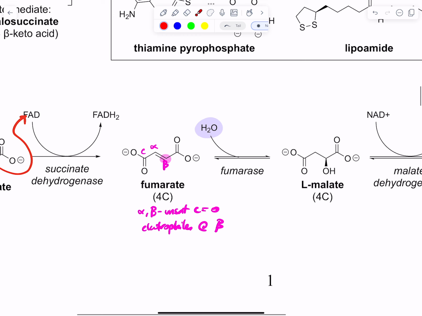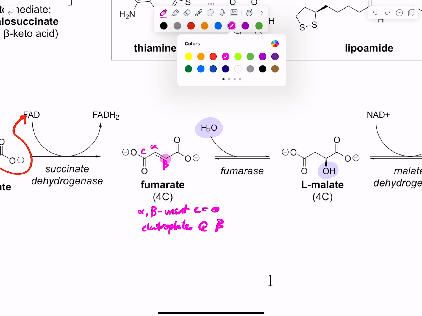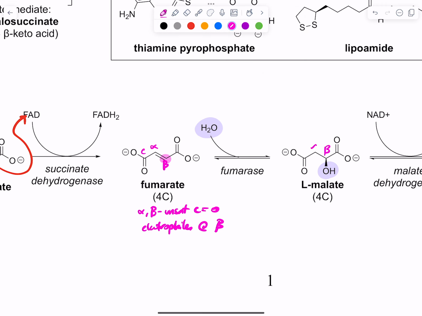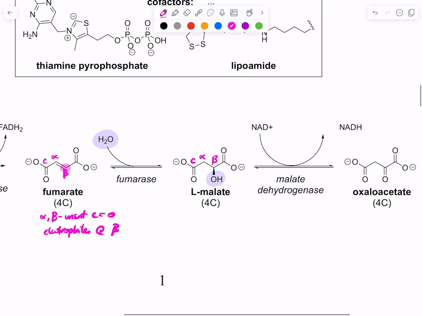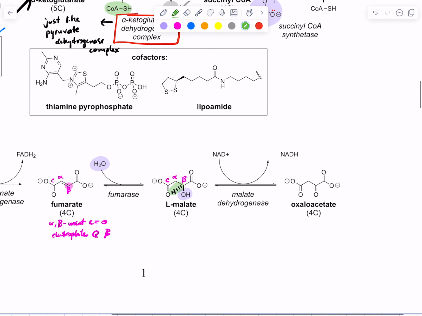That's going to give you this product malate, where the OH from water is now attached to what was the pink beta carbon. And once you're at malate, it's really easy from that point on. All you have to do is NAD plus mediated oxidation of a secondary alcohol to kick off hydride as a leaving group. Hydride gets delivered to NAD plus, and then you're back to oxaloacetate, and you're ready for another turn of the citric acid cycle.